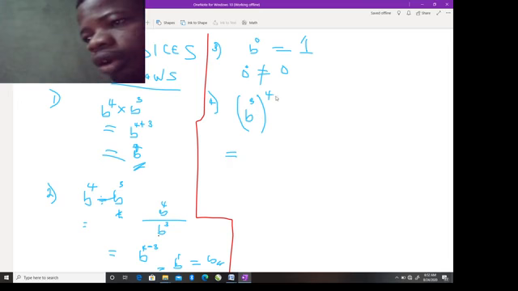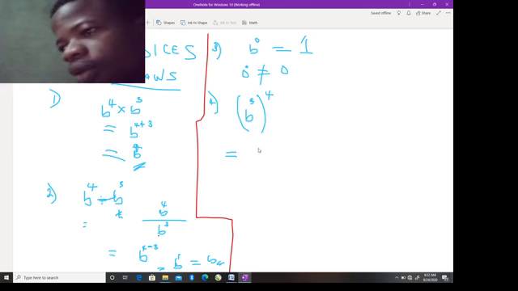Normally I call this power connected with power, which means you have b raised to power 3, an initial power, and another power outside, so it's just power multiplying power. So you're going to have b raised to power 3 times 4, and what do you have? b raised to power of 12.